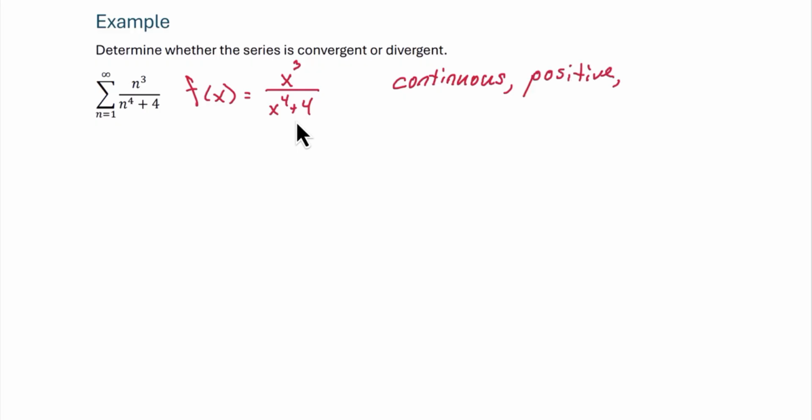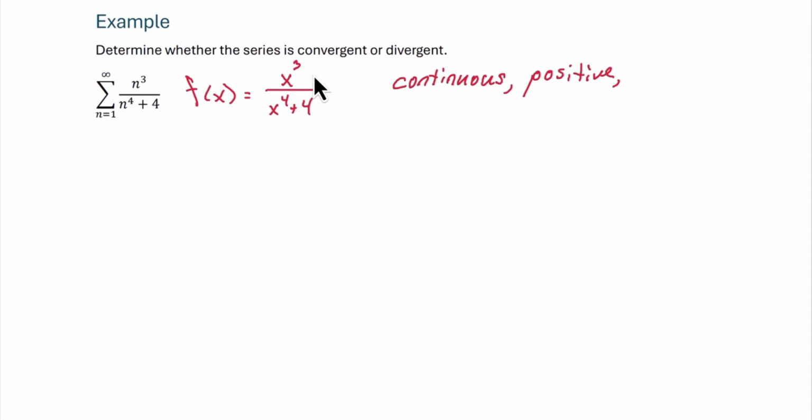And the final thing we need to test is, is it decreasing? Now, intuitively, as n gets bigger, or x in this case gets bigger, the denominator is going to grow faster than the numerator. So it looks like it will intuitively be decreasing because the denominator grows faster than the numerator.